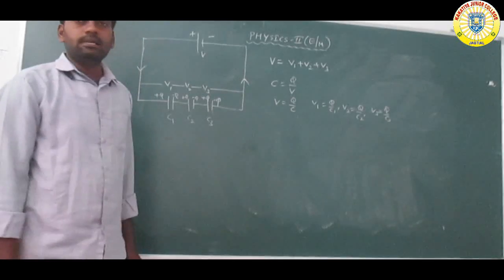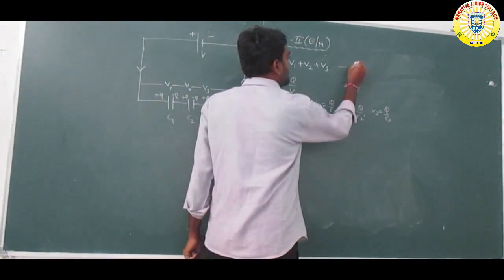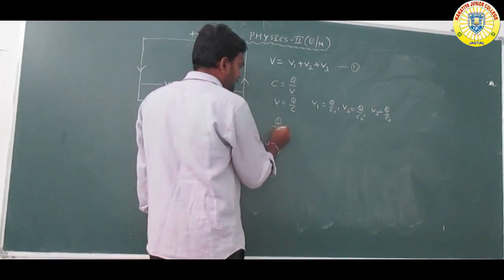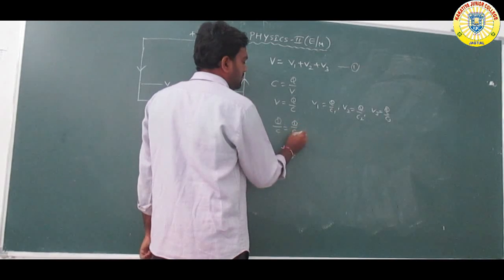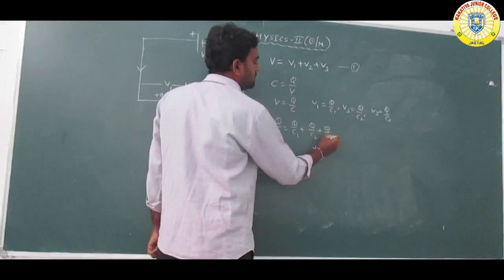Substituting these in equation 1, we get Q by C is equal to Q by C1 plus Q by C2 plus Q by C3.